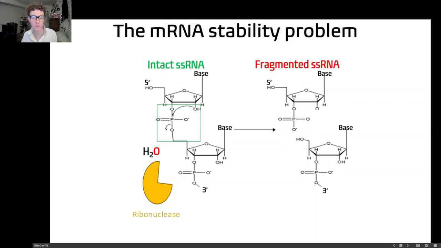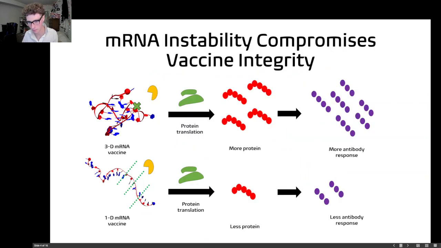Here it's a hydroxyl, which can actually react with the phosphate backbone and cause it to cleave itself. Although more readily what happens is that water or ribonucleases can come and catalyze this reaction, basically fragmenting the RNA.